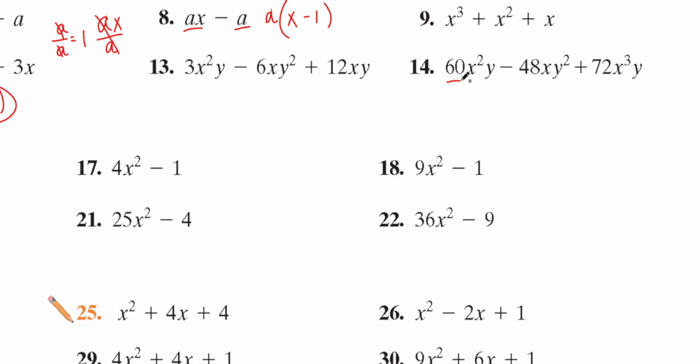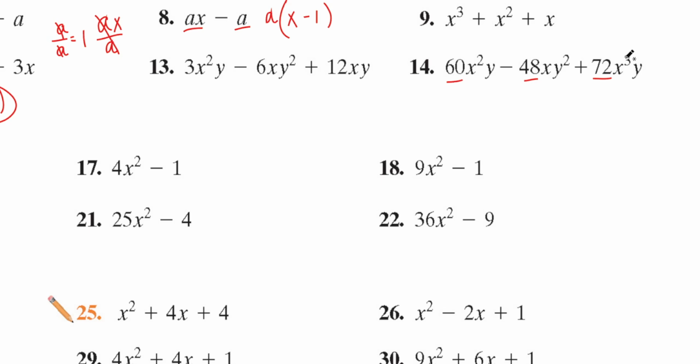Just look at the 60, the 48, and the 72. What's the biggest number that divides evenly? 6 is the biggest one? 6 does go into everything here, but 12 is the biggest one.